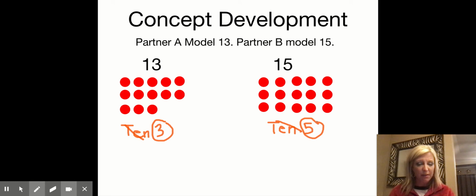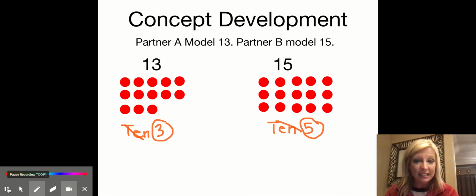Well, those are much smaller numbers. Which one's greater? 3 or 5? Very good. 5's greater. So 10-3 is smaller than 10-5. Or we could say 10-5 is bigger than 10-3. So 15 is more than 13. Very good. 15 is more than 13.